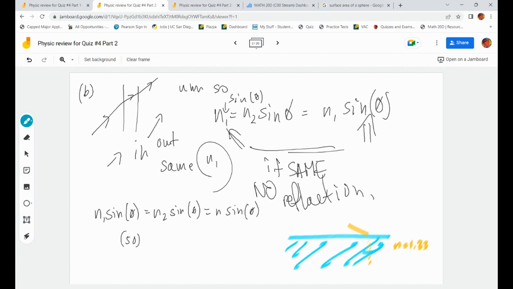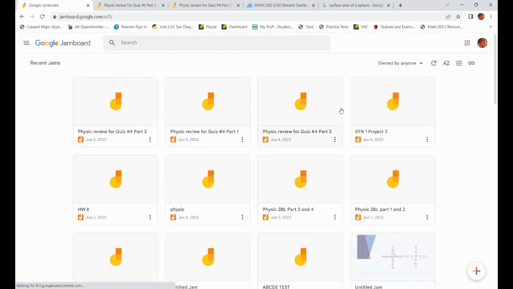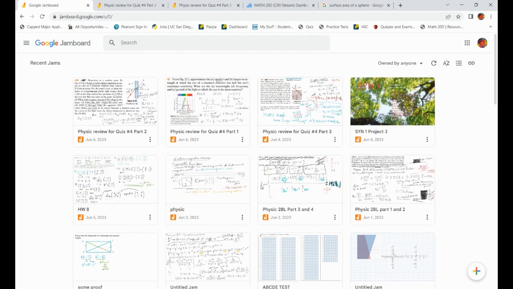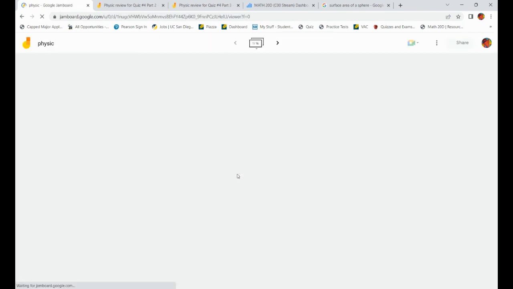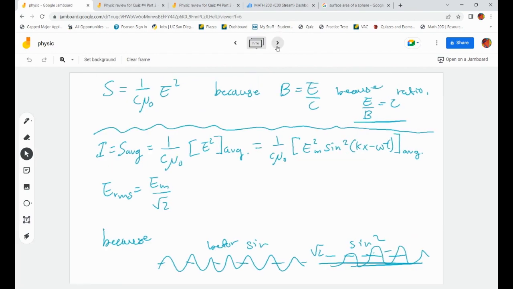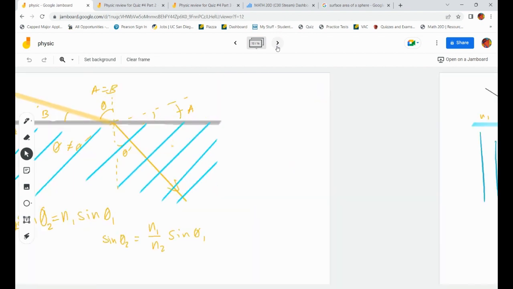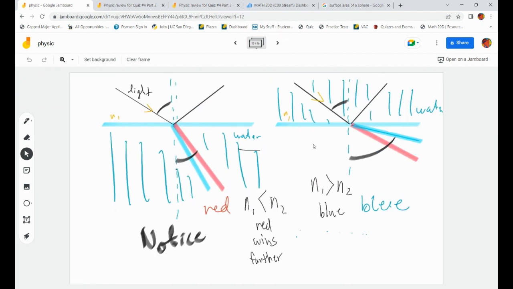I might be wrong about this. Because we're done with explaining this part, I can go over to this one over here. Here it is. Oh, it's red first.